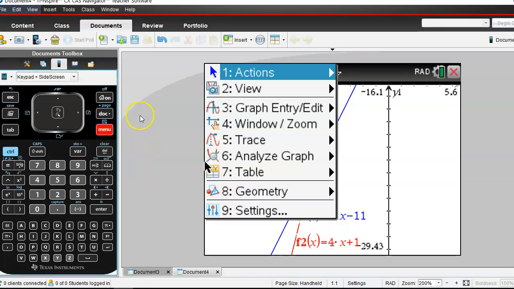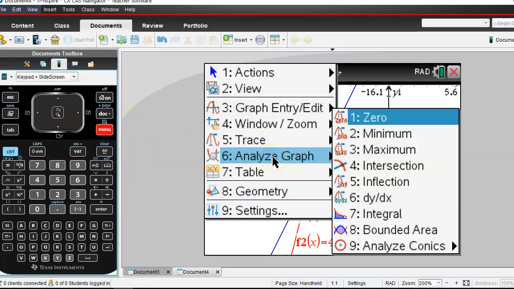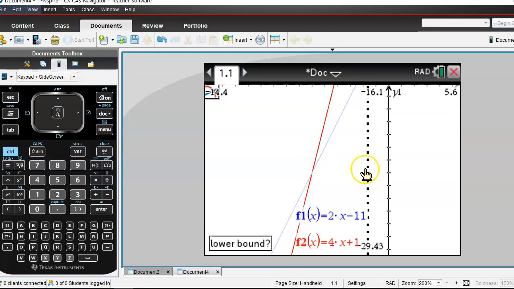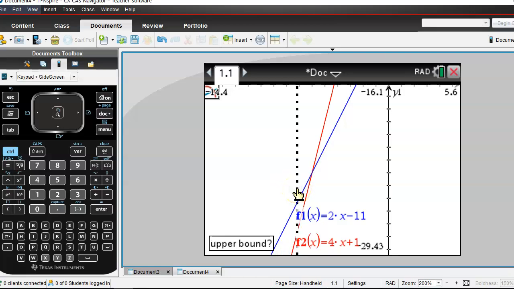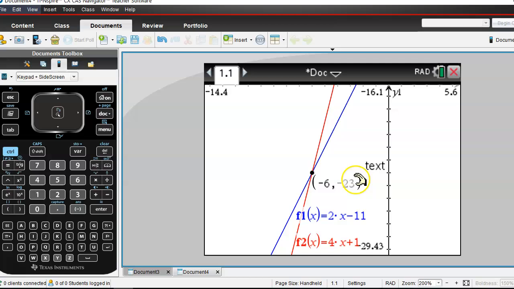If I go Menu, Analyze Graph, Intersection, this lower bound I've got to put below, and below in terms of the x value, below the intersection, and upper bound is above it. You can see it can label it for you and find it for you. So if you've got a CAS question, that's a way of doing it on CAS. And I think that's it for today.